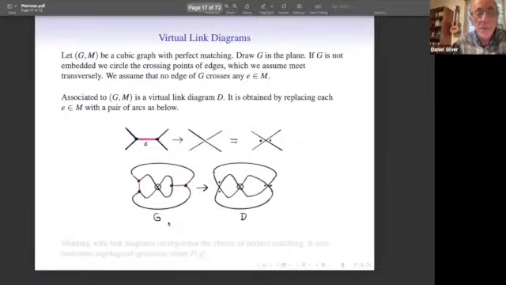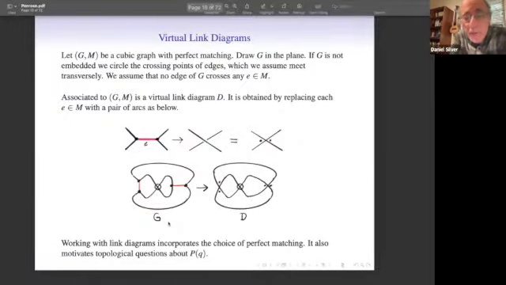So working with link diagrams is very convenient and incorporates the choice of perfect matchings, but you don't have to have the perfect matching in front of you. All you need is a link diagram. Every link diagram will give you one of these cubic graphs in this way, and vice versa. And also, it motivates some topological questions, as you'll see, about the Penrose polynomial.